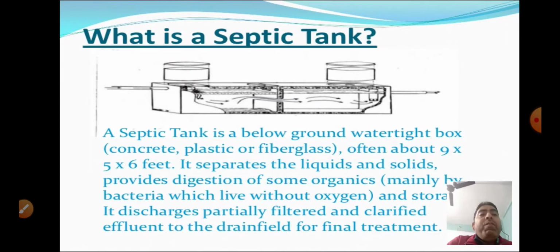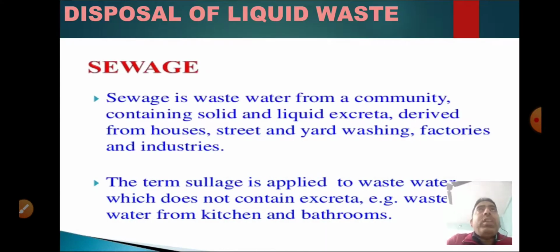This water will go into the river water and pollute the other water bodies, and the aquatic plants and aquatic animals will be harmed. So this liquid waste should be treated at the plant.